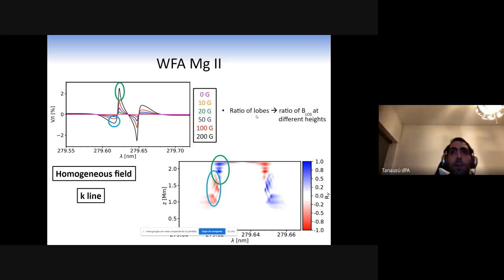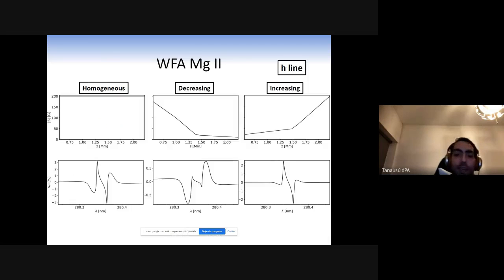What can we conclude from this? Well, the ratio of the amplitude of the circular polarization lobes between the inner and outer one gives us a ratio of the longitudinal magnetic field at these different heights, in the top chromosphere of the model and the middle chromosphere of the model. However, this application to a homogeneous magnetic field is not that interesting or realistic, so we apply it to different stratifications.